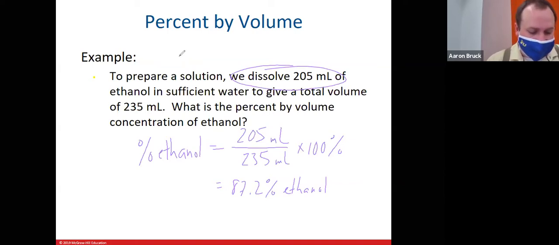So in this case, this would likely be sold as 175 proof alcohol. Wouldn't be my first choice, but that's how, if this existed, that's how it would be marketed. Proof labels are just percent alcohol doubled.